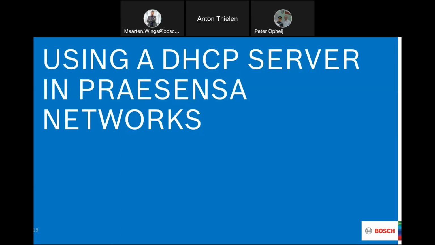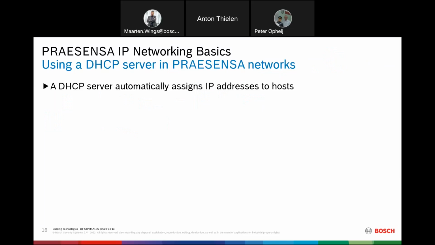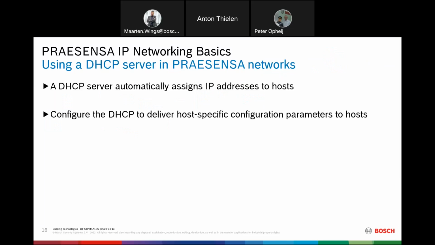Yeah, so the next one would be then using a DHCP server in PRAESENSA. That automatically assigns IP addresses to hosts, and you configure the DHCP server to deliver host-specific configuration parameters. So for example, the pool, that means the range of your IP addresses, and have it not overlap with possibly fixed IP addresses. I've seen in the field people who set up DHCP pools which then overlap, for example, with a switch IP address, which was then fixed.